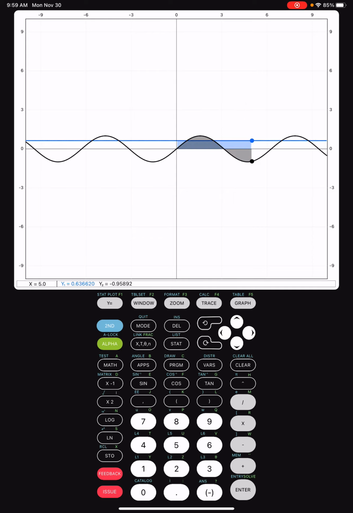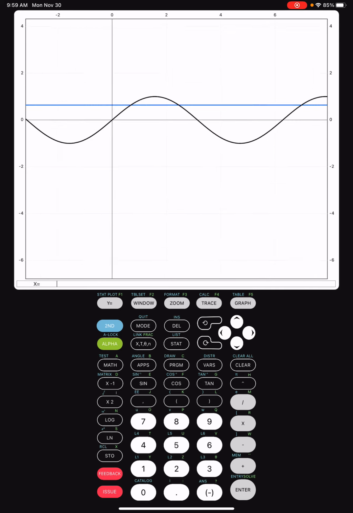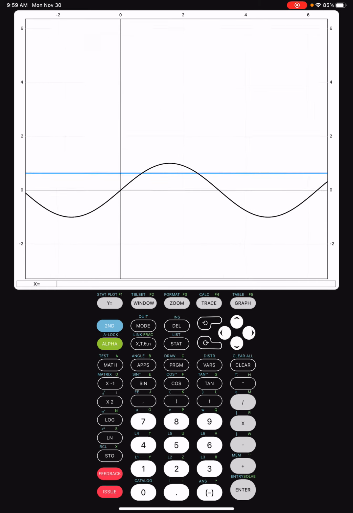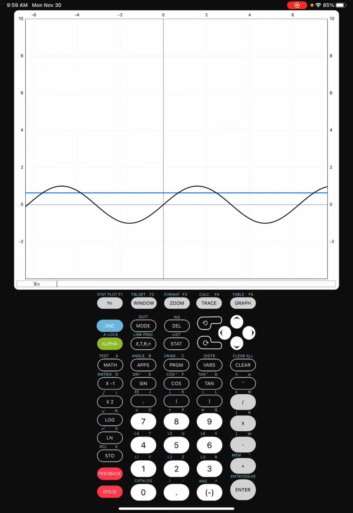So when I graph this, let's get rid of that integral. When I graph this, and I love that I can do this on the calculator, notice that there's multiple places that these intersect. There's multiple c values.